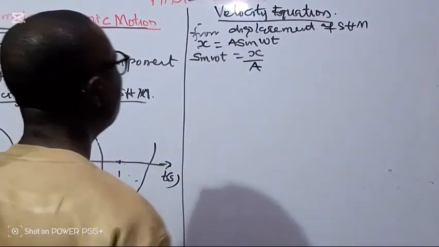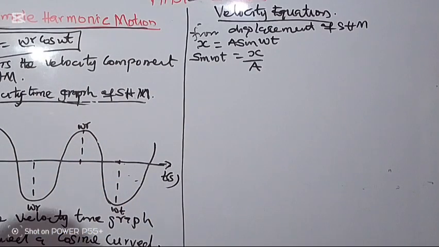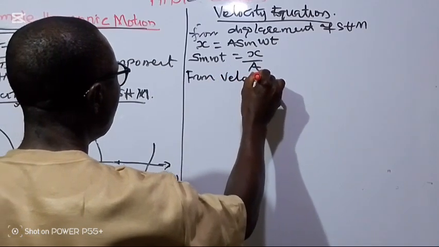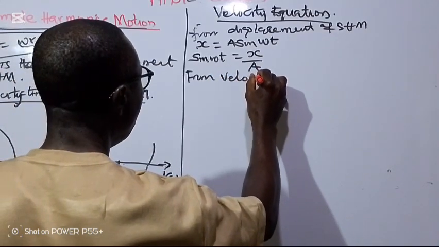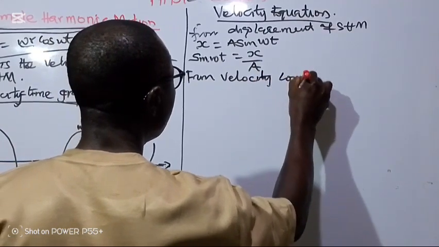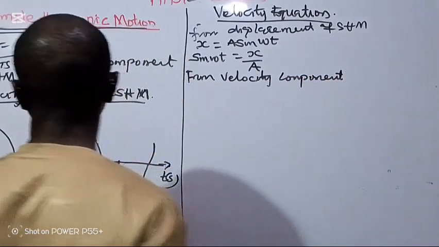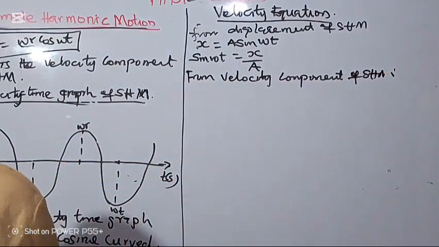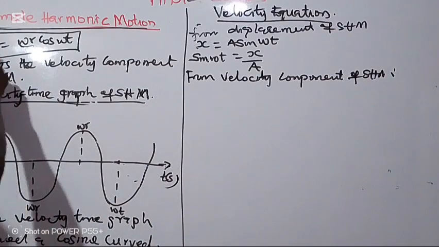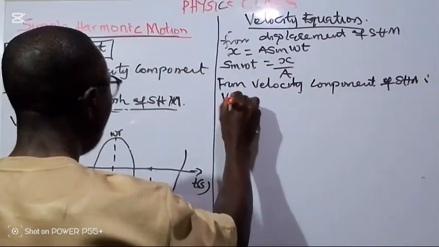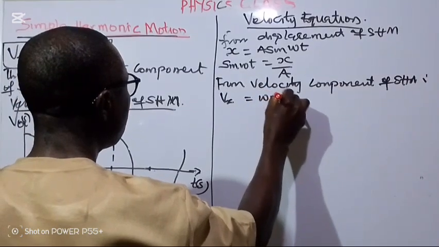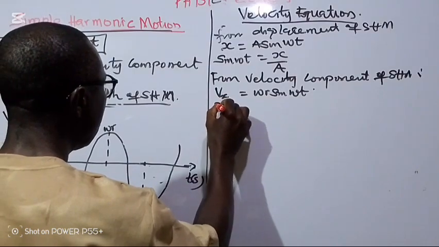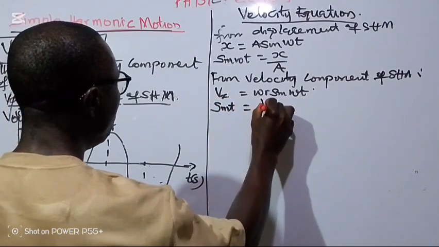At the same time, from the velocity component of SHM, according to what is on the board, that is this equation, Vs equal to omega r sine omega t. So at the same time, sine omega t will be equal to Vs over omega r.